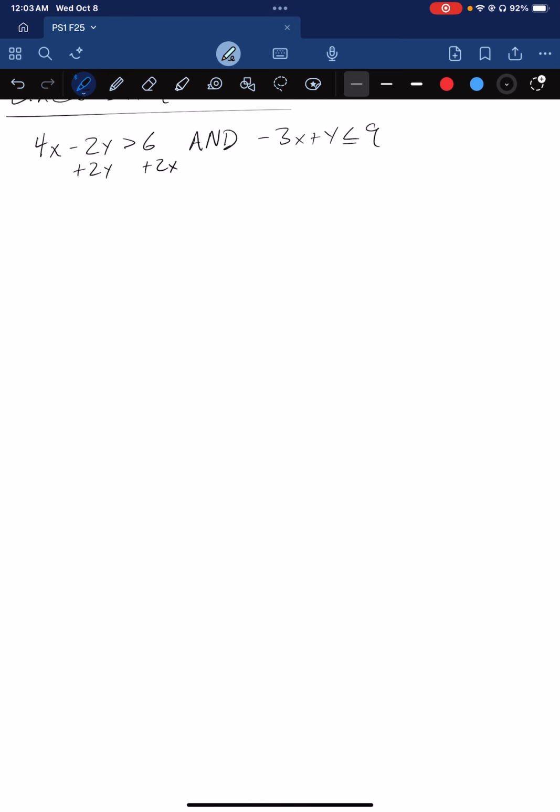And while I'm at it, I'm going to subtract this 6 from both sides as well. So we're going to get 4x minus 6 is greater than 2y. Divide by 2 everywhere, we get 2x minus 3 is greater than y.